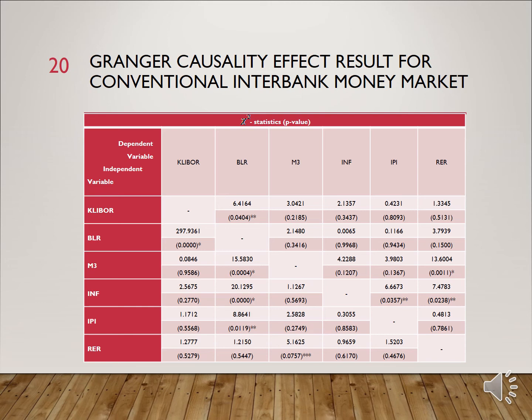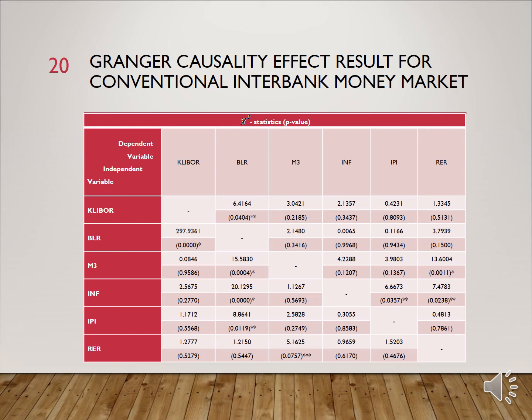In addition, we found that there is Granger causality effect running among the interest rate, money supply, inflation rate, economic growth, and exchange rate. We found unidirectional Granger causality running from money supply, inflation, and economic growth to interest rate. And this result is consistent with the macroeconomic theories that stated that interest rate fluctuation is affected by the amount of money supply, fluctuation in inflation rate, and also the economic growth.